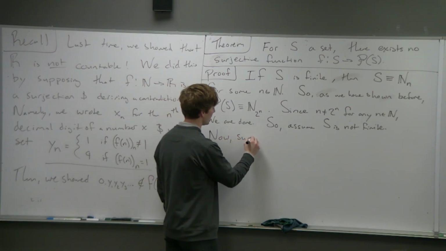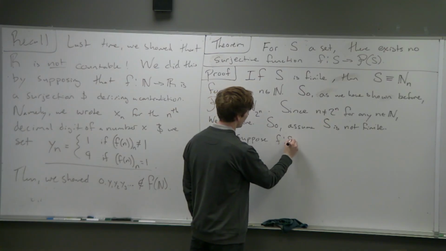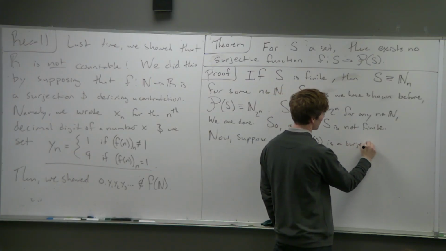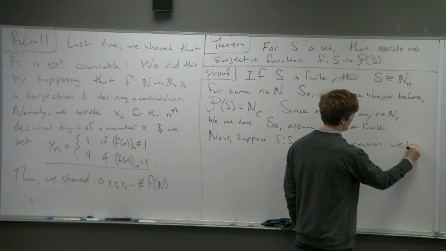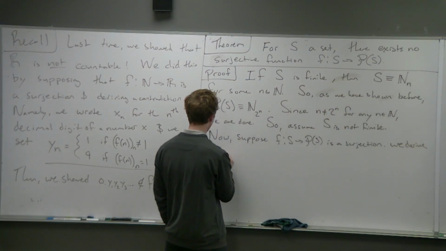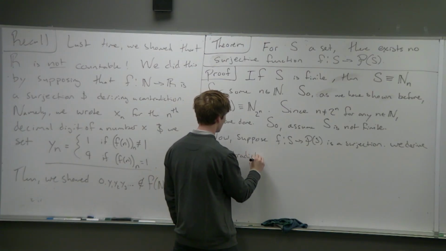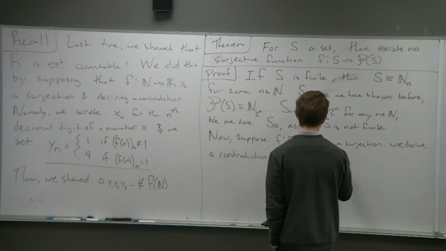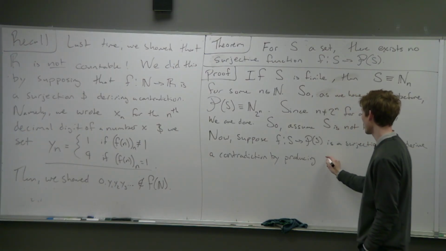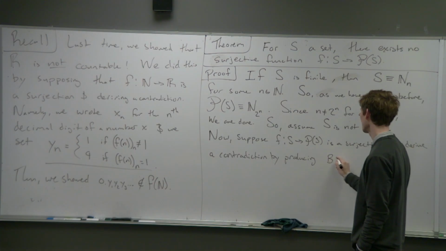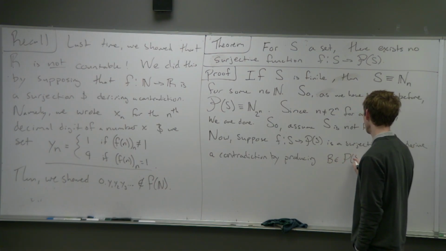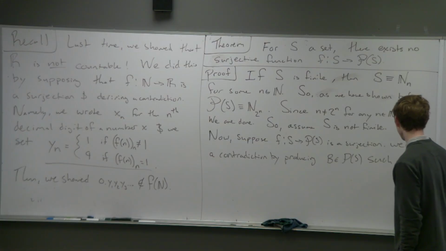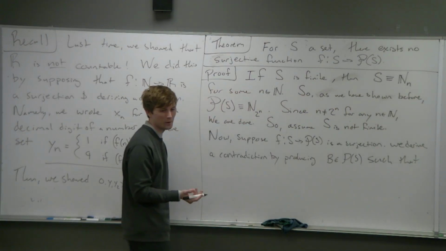Now, suppose f from S to its power set is a surjection. We derive a contradiction by producing an element B of the power set such that, what will be the contradiction?